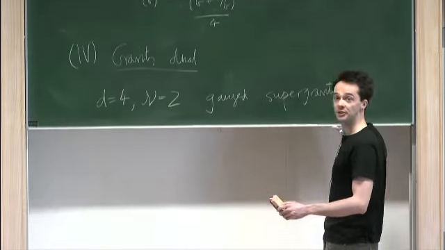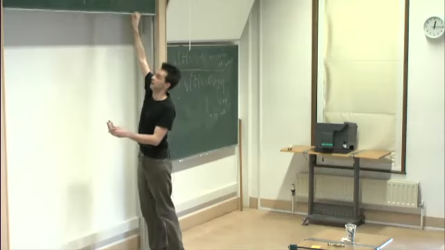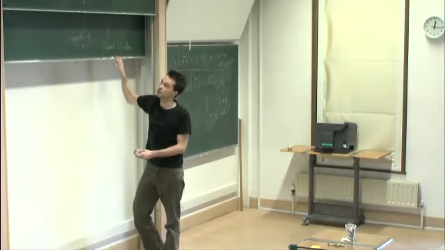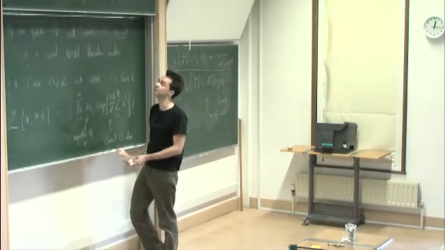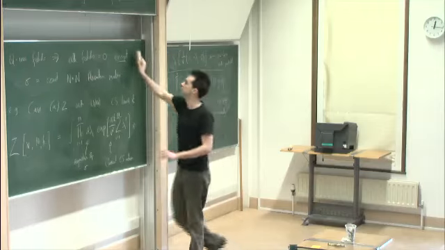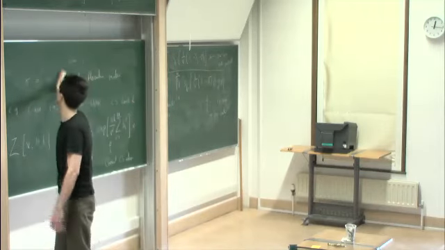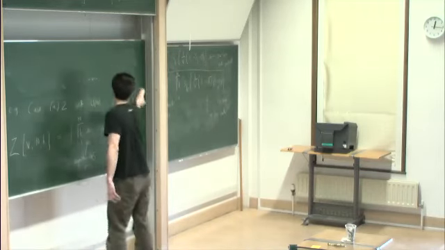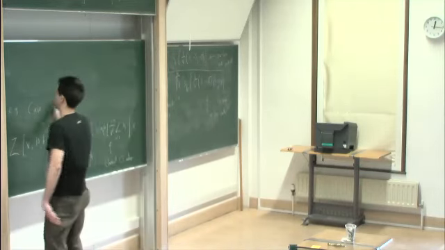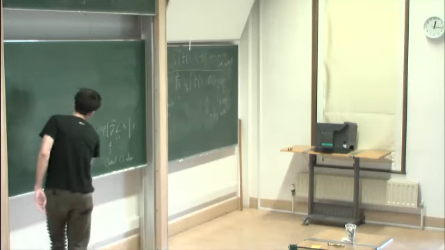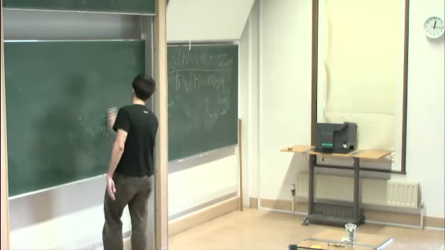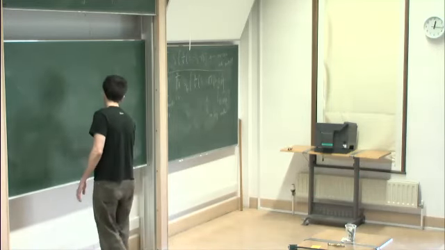It's not obvious that that's the right thing to look at at the moment, because the gravity dual is really an 11-dimensional thing. But I'm starting with a 4-dimensional supergravity. As you'll see in a moment, that is the right thing to do. So what is this supergravity theory in 4 dimensions? Actually, it's just Einstein-Maxwell theory.